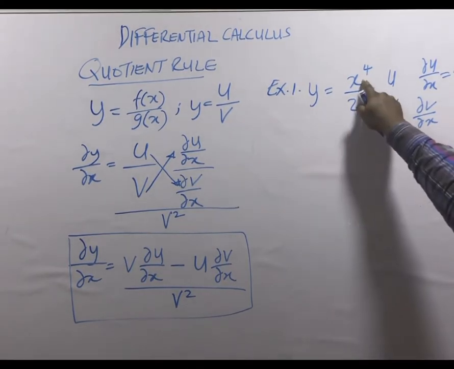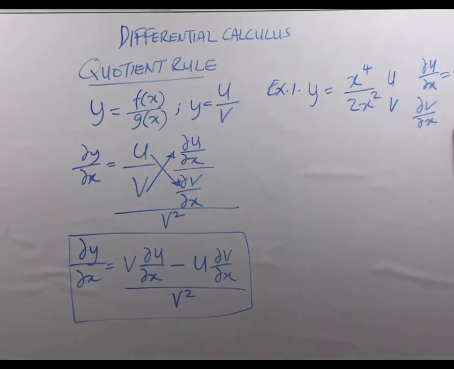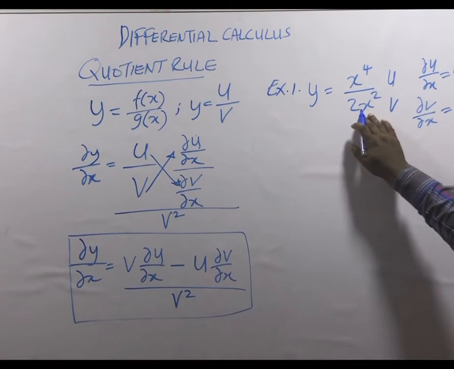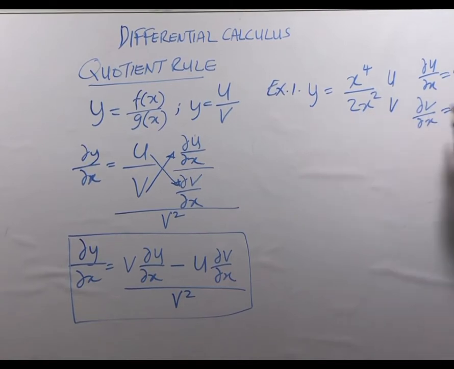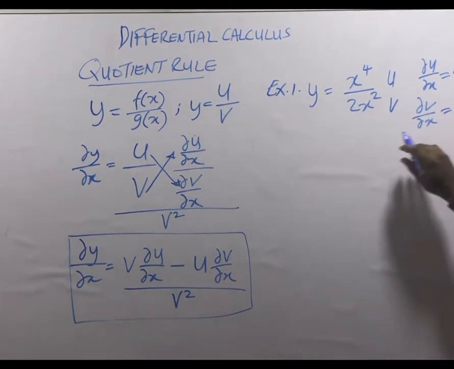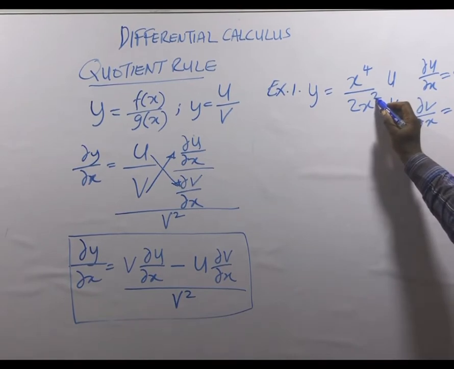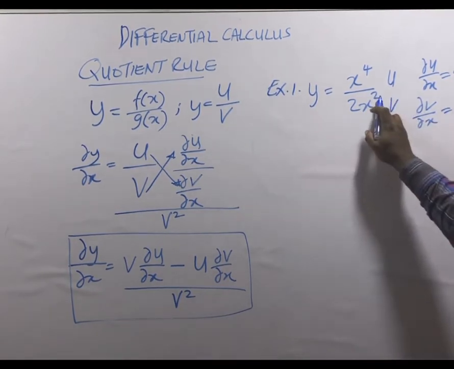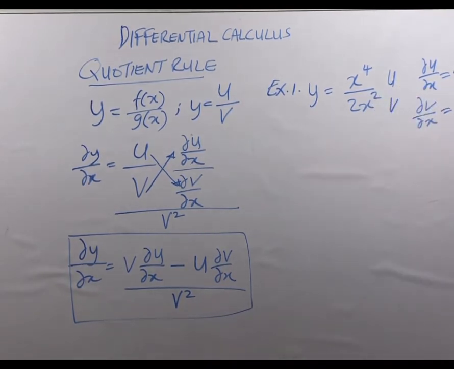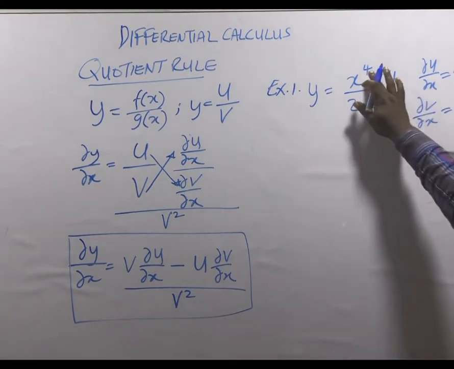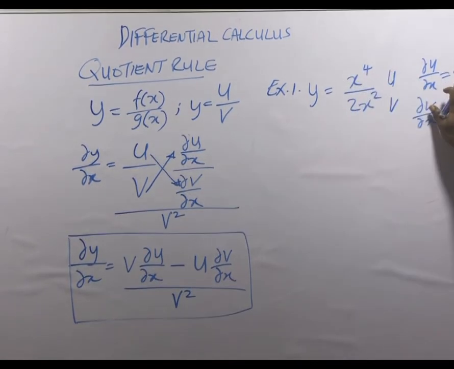The derivative of v is going to be 4x. That will be 2 times 2, that will be 4. Then 2 minus 1 gives us 1, so that leaves us with this.